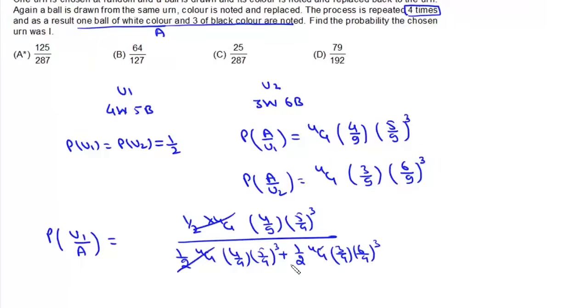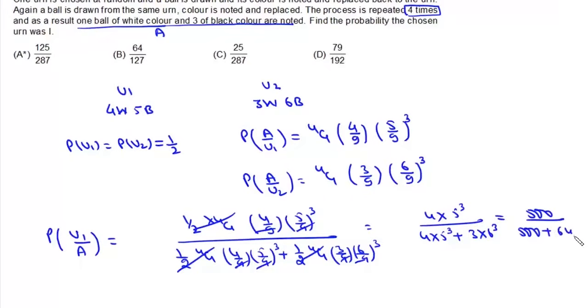Now 1 by 2 and 4C1 will cancel, and this 9 to the power 4 will also cancel. So this result will be 4 into 5 cube upon 4 into 5 cube plus 3 into 6 cube. Now this is 500 upon 500 plus 648, which is 500 upon 1148.